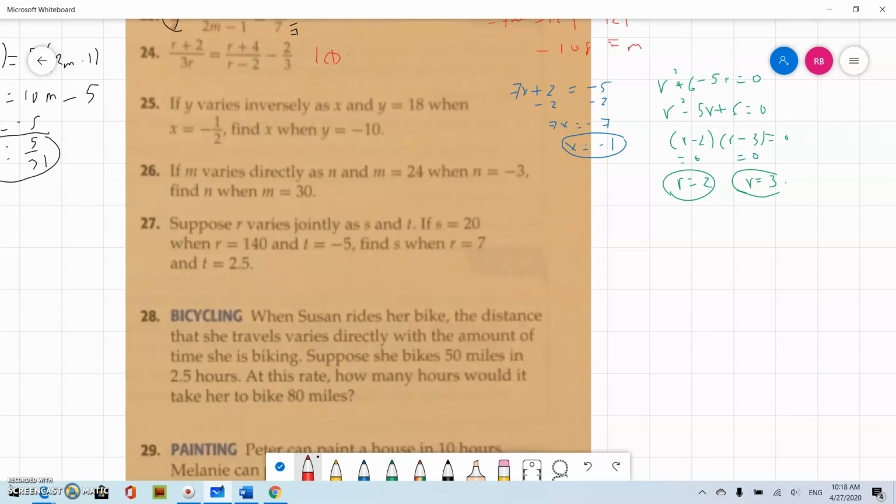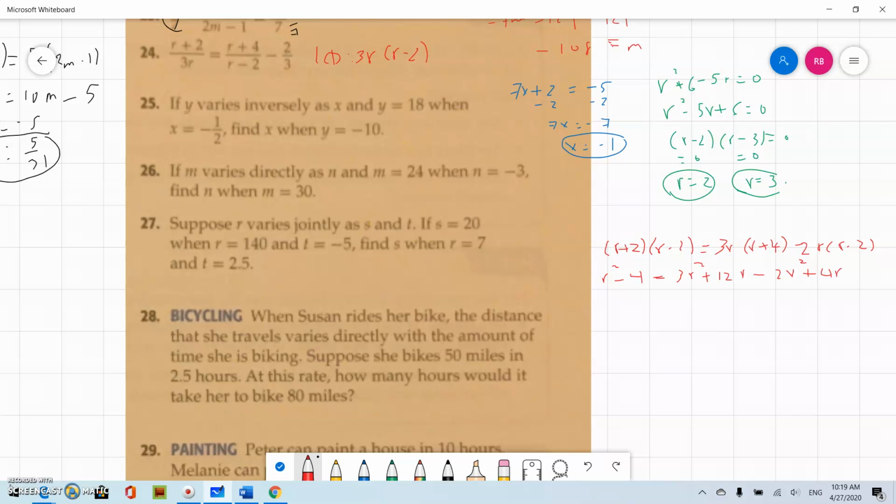The LCD here is 3 times r minus 2, right? So then I multiply that to everything that I see there. So I have plus 2 times r minus 2 equals 3r times r plus 4 minus 2 times r minus 2, right? So then we FOIL: r squared minus 4, 3r squared plus 12r minus 2r squared plus 4r.